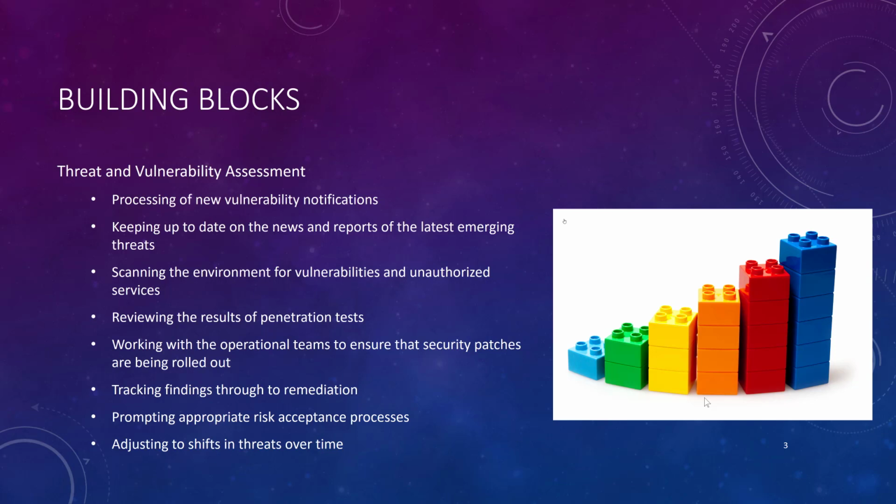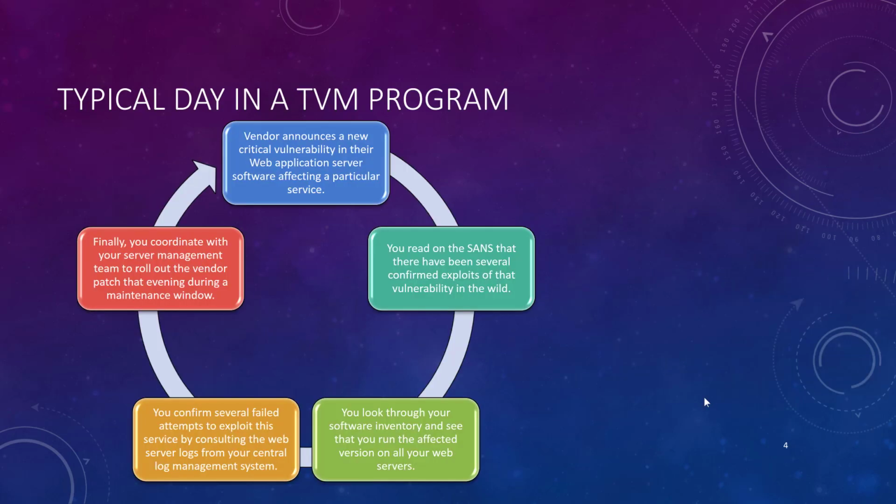They're going to have to be scanning the operational environment for vulnerabilities and unauthorized services that are running, review the results of any ongoing penetration tests, work with the ops team, make sure those patches are rolled out and actually being applied, track findings through remediation, and then adjust to those shifts in threat over time. It's a lot of things to be done in threat and vulnerability assessment.